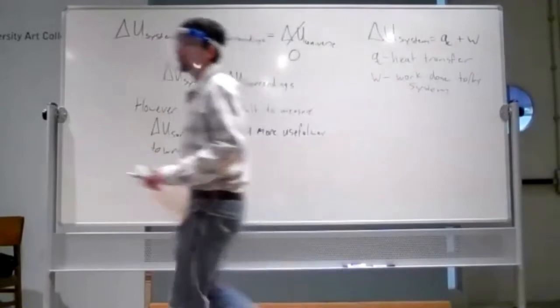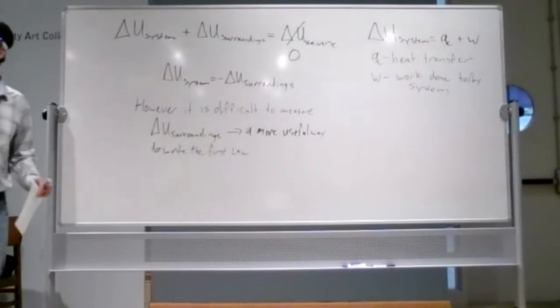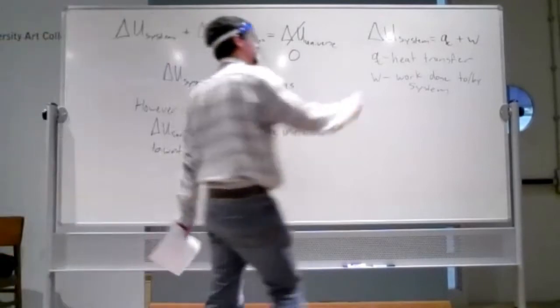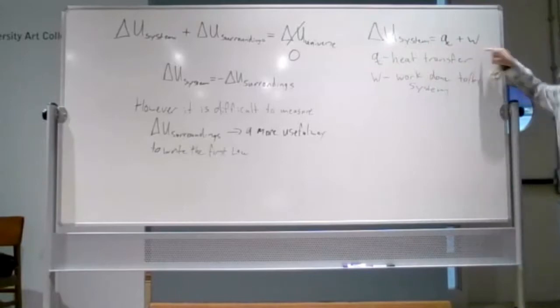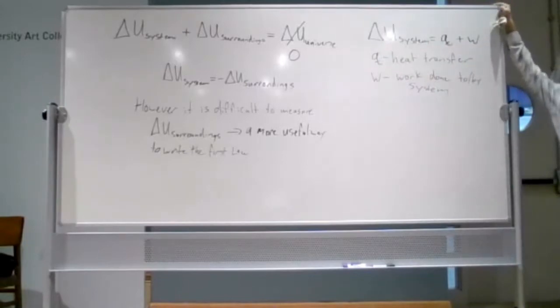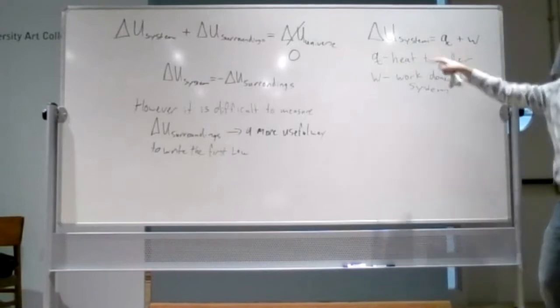Okay, so now what we're going to do, the change in energy in the system would be Q plus W. And the thing is this is a state function, whereas Q and W are not state functions. They're actually path-dependent functions. It's kind of weird, you can add two path-dependent functions and get a state function.